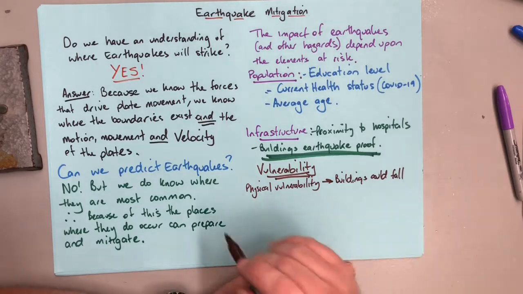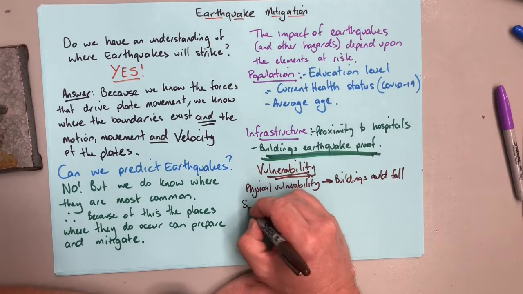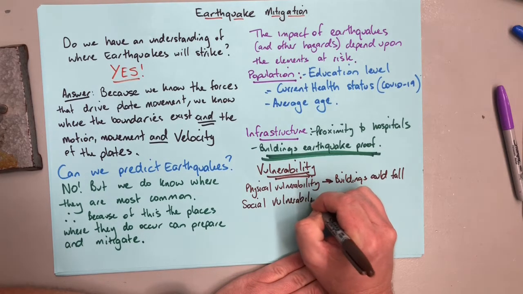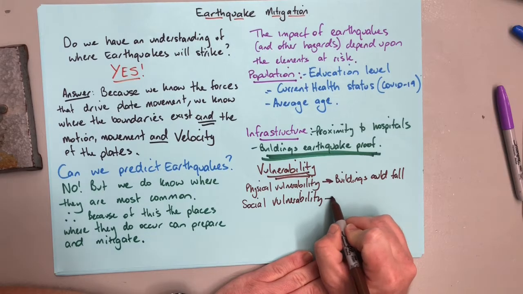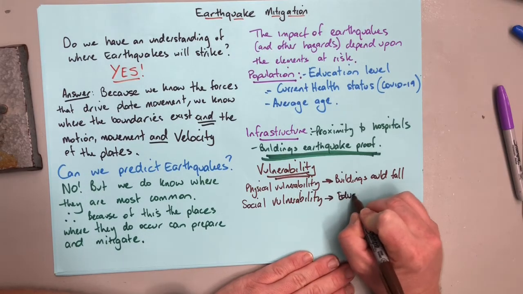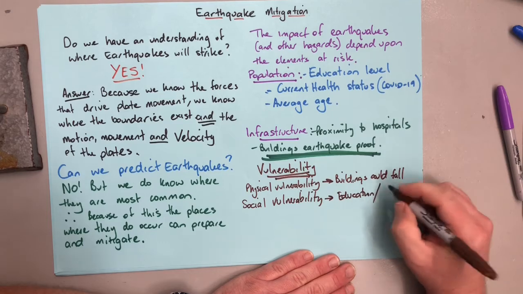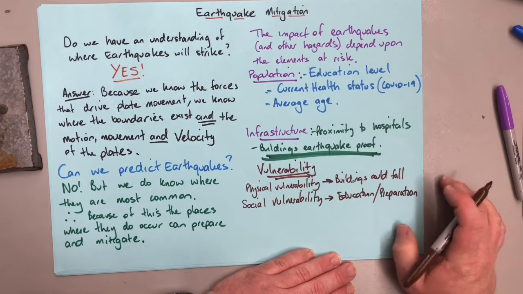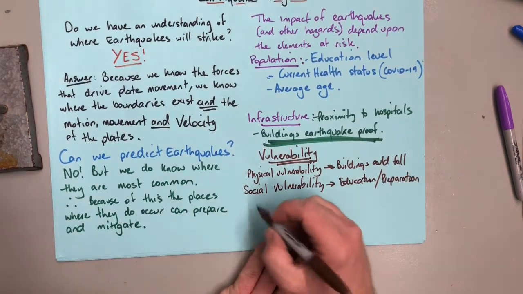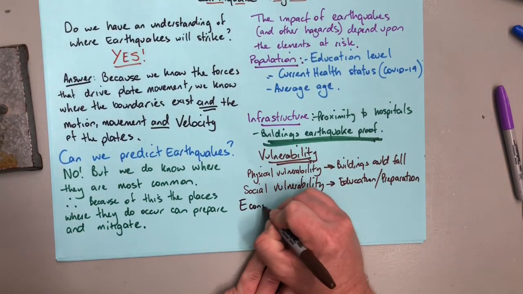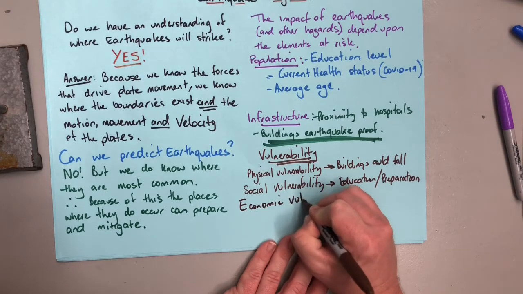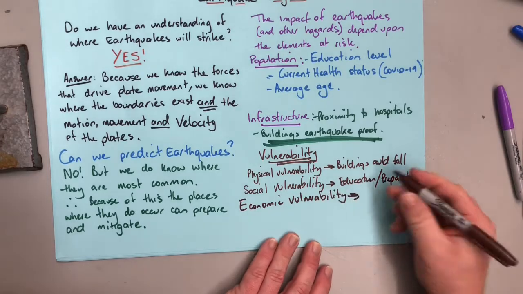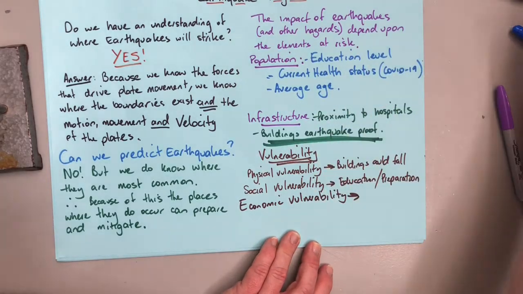So that's a physical vulnerability. Social: are they educated? And are they prepared? And economic vulnerability: are there government systems in place for them to react?